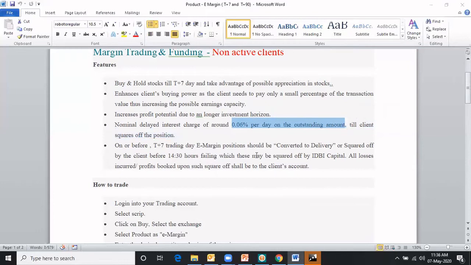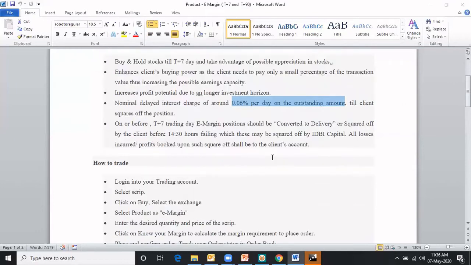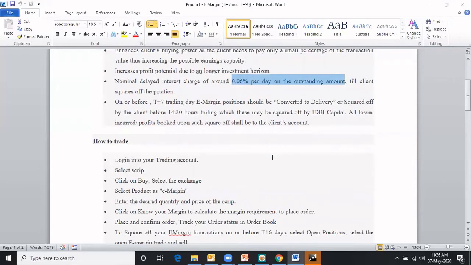That means if today I bought a 100 rupee stock by paying 25 rupees, then on the balance 75 rupees, IDBI Capital will charge me 0.06%. Suppose I transfer another 25 rupees the next day, then my obligation is only 50 rupees. So IDBI Capital will charge me interest of 0.06% only on the balance outstanding, that is 50 rupees.